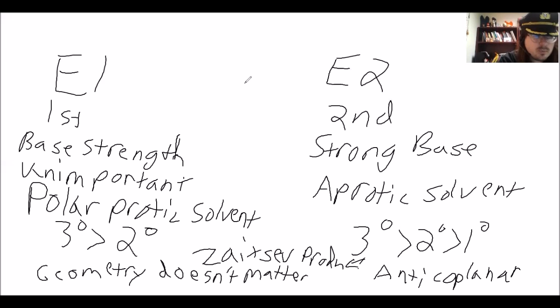In this case, in an E1, when you lose the leaving group, essentially the structure goes planar, and then you could do front side attack or back side attack. Once the leaving group leaves, the front door is open, the back door is open. But in E2, anti-coplanar means it's across the other side. So if we have a flat molecule and the leaving group's up here, we must attack from back down here, opposite and coplanar.